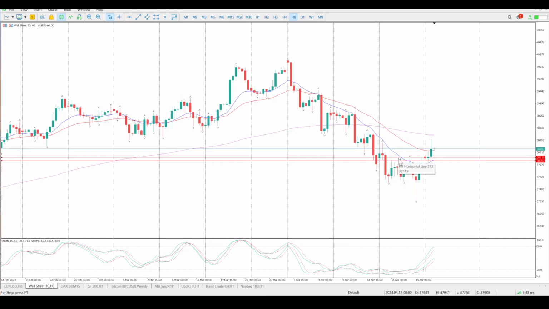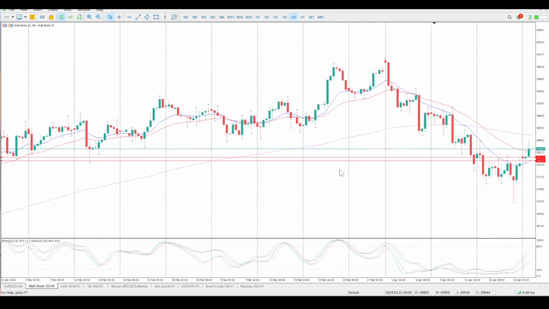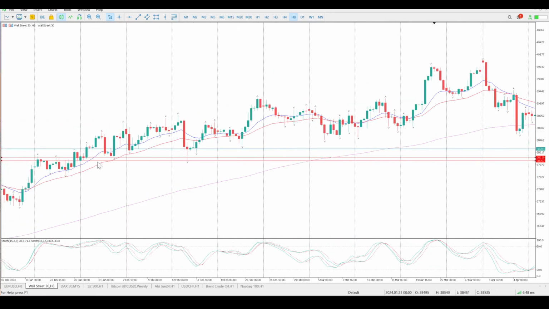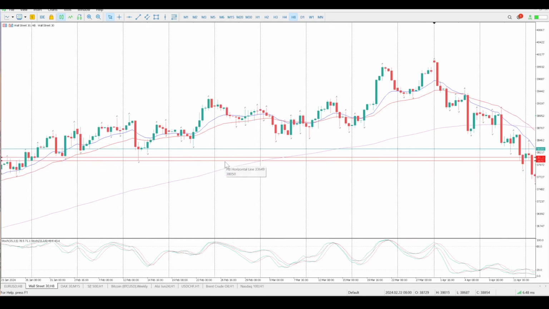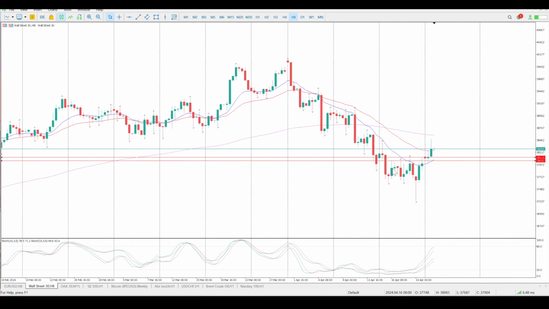So this 38,100 area, look left, you can see it's been used as resistance before, it's been used as support twice, and now it's used as resistance, and this week we are back above it. So this downward trend has technically broken, but often you want to see a move back to the downside.